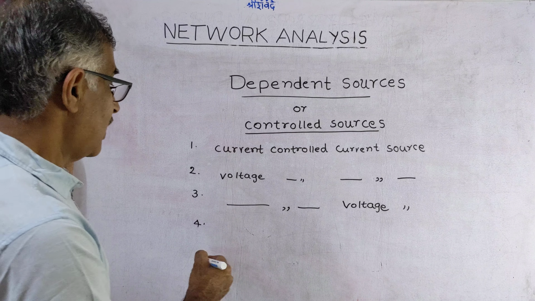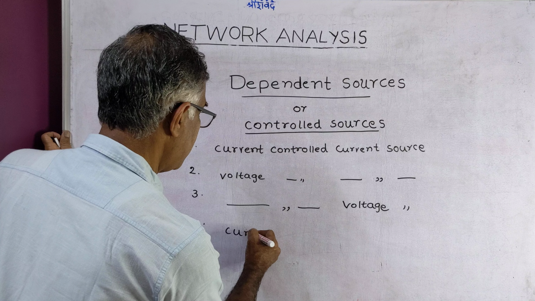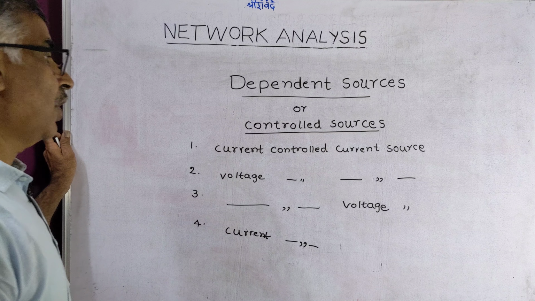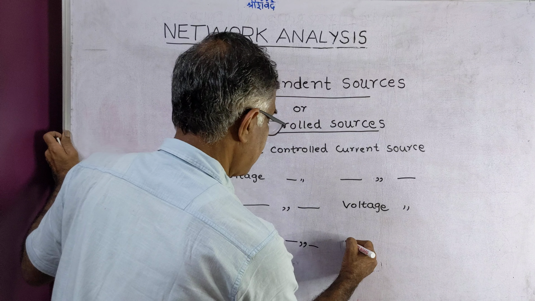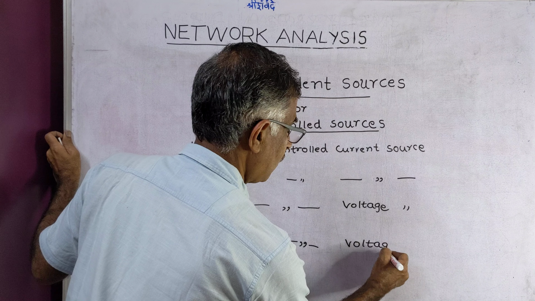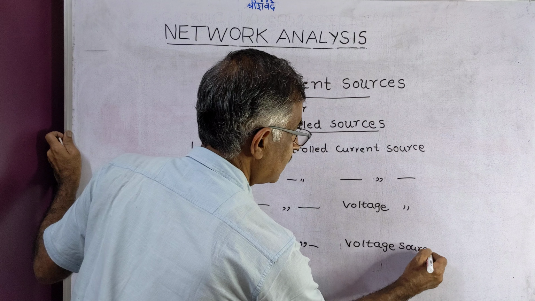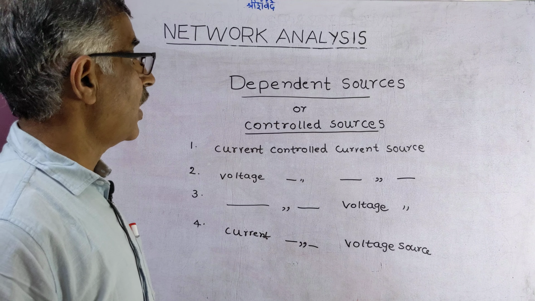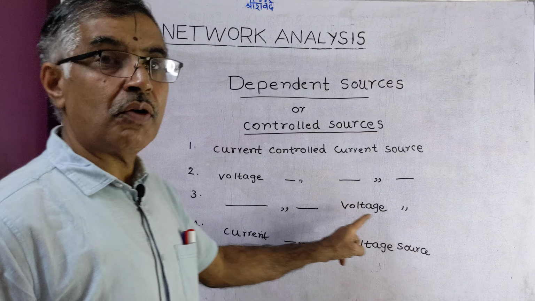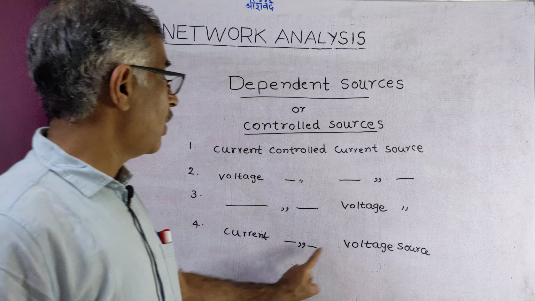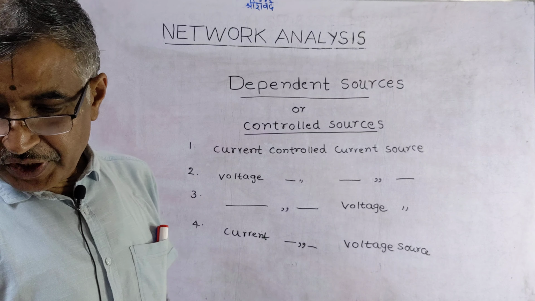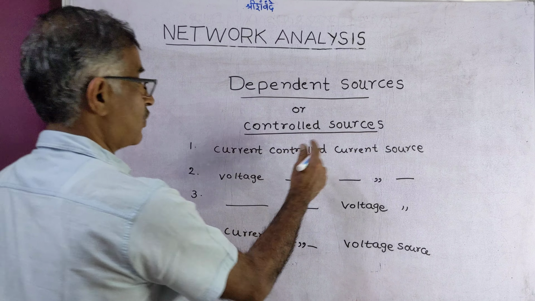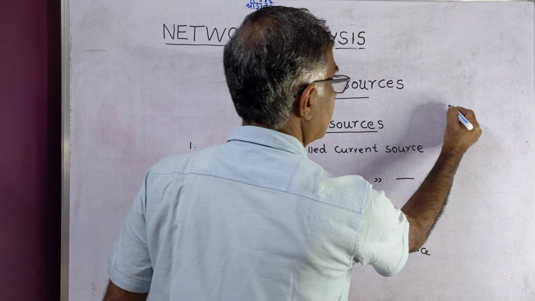And lastly, current controlled voltage source. So these are the four types of dependent sources. Now we shall take up these one by one. First, this is the notation. The first one is the current controlled current source.